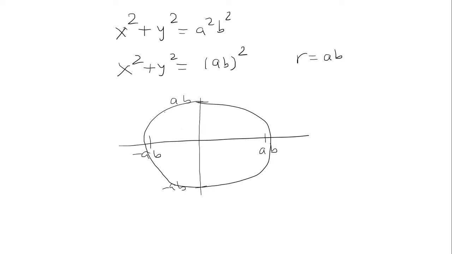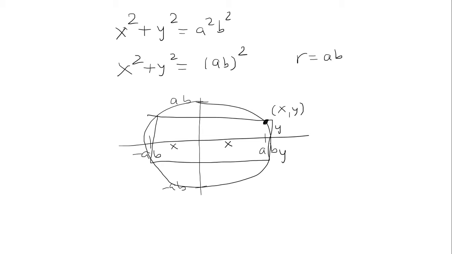Okay, so that's our circle, and we want to put a rectangle inside. So we're going to center the rectangle at (0, 0), and we know that on the right here is x, and this side is also x, and the height is y and y, because the idea is you want to fix a point here, (x, y).